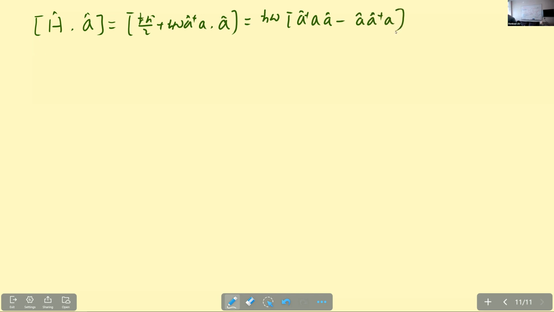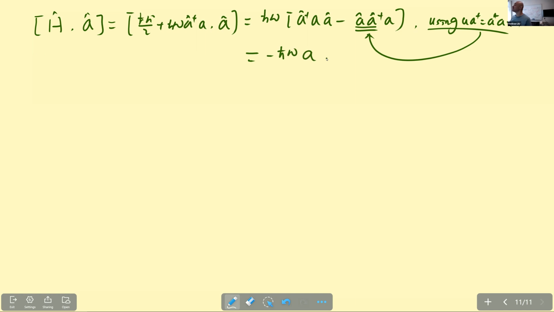Okay, and remember this one, because using A times A dagger equals A dagger A plus 1, you use this one to replace this, okay? And then you have minus h bar omega A. Okay?